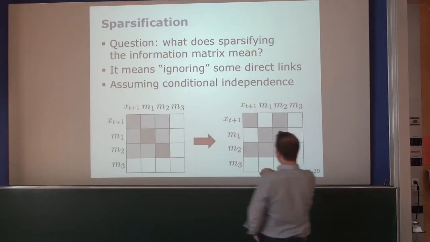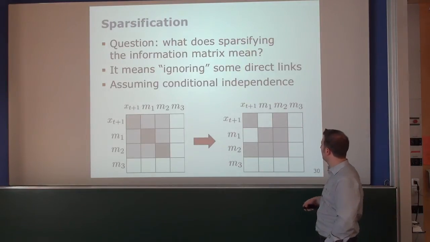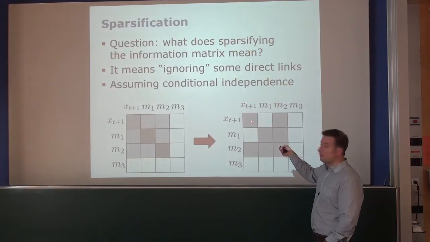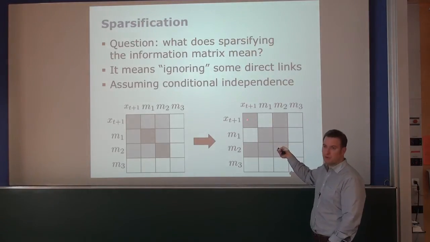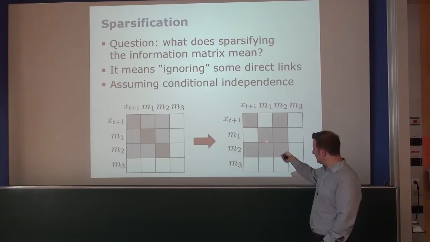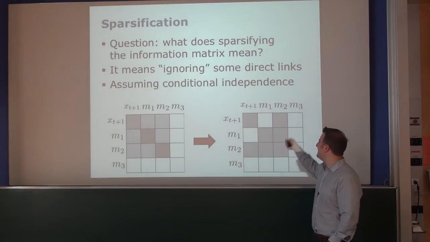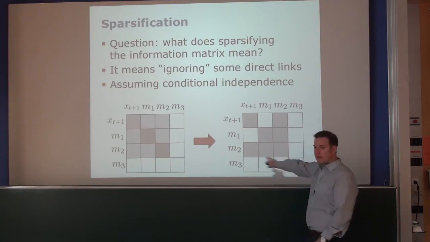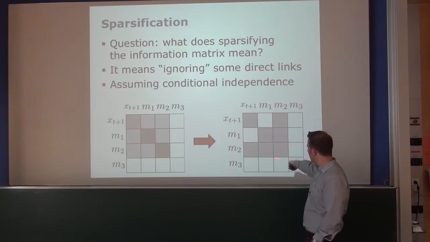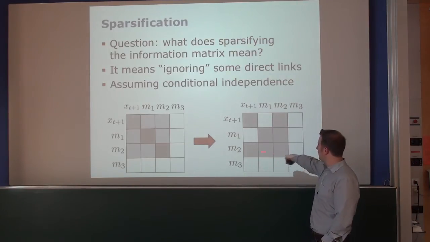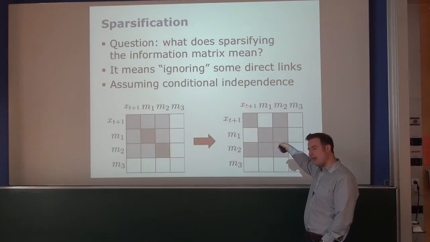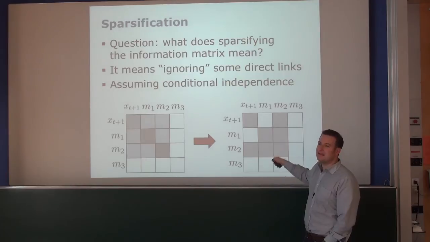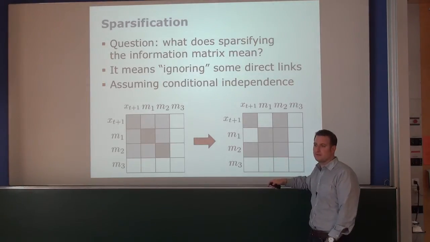So if we go from this step to this step, that means the current pose of the robot, x t plus 1, is conditionally independent of the position of the landmark m1, given that I know m2. If I don't know m2, that's a different story. But given that I know m2, knowing x t plus 1 doesn't provide me any additional information about where m1 is, and the other way around.